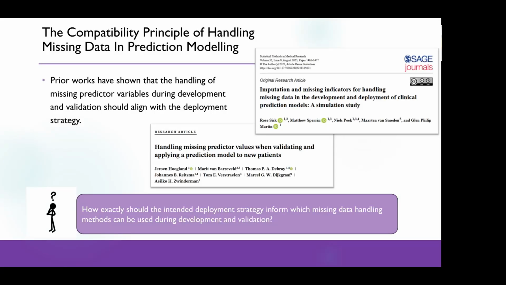So the current landscape, prior to the paper I'll talk about, was showing that there's certainly this benefit of handling missing predictive variables during validation and development that align with the deployment strategy. These are just two papers that I'm citing that talk about this idea of aligning the two.